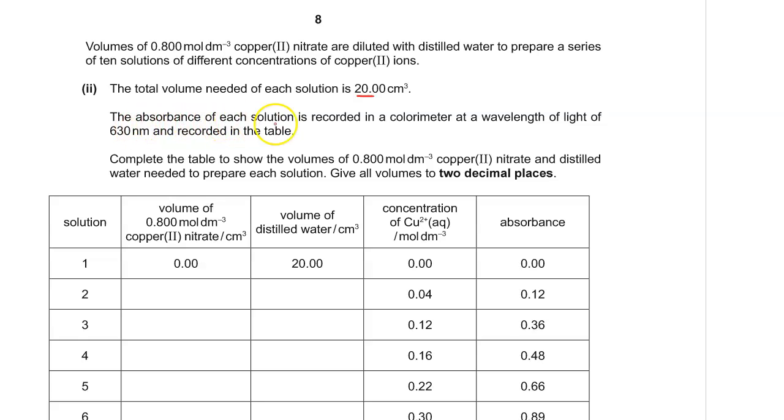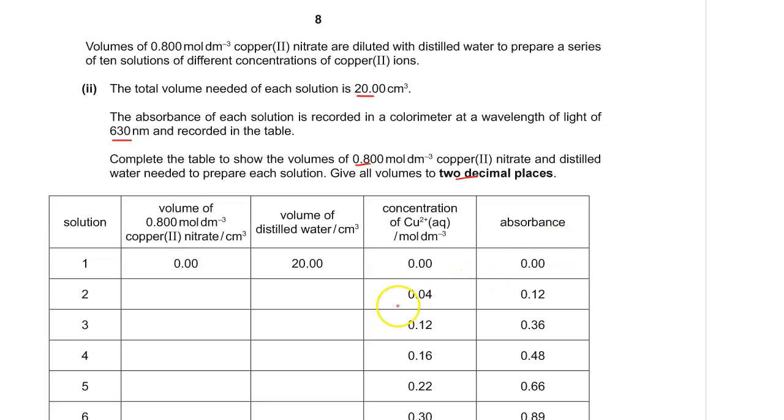The absorbance of each solution is recorded in a colorimeter at a wavelength of light of 613 nanometers and recorded in the table. Complete the table to show the volumes of 0.8 moles per dm cubed copper 2 nitrate and distilled water needed to prepare each solution. Give all volumes to 2 decimal places.